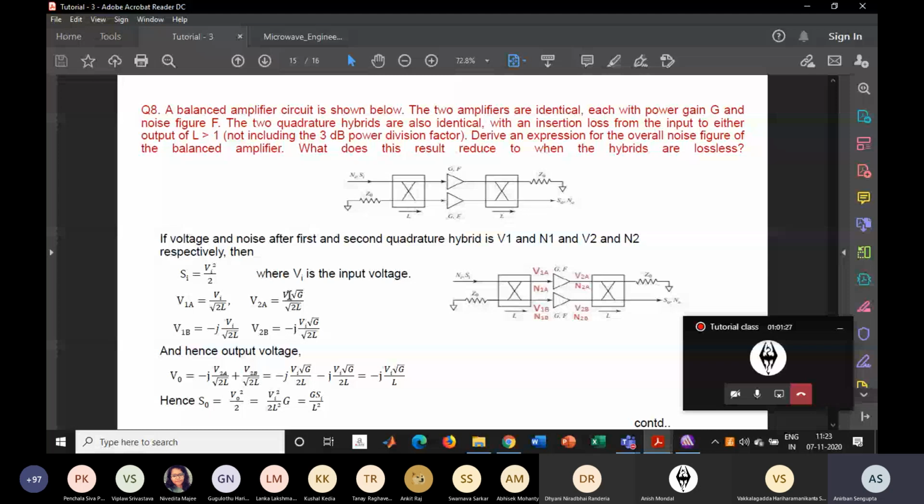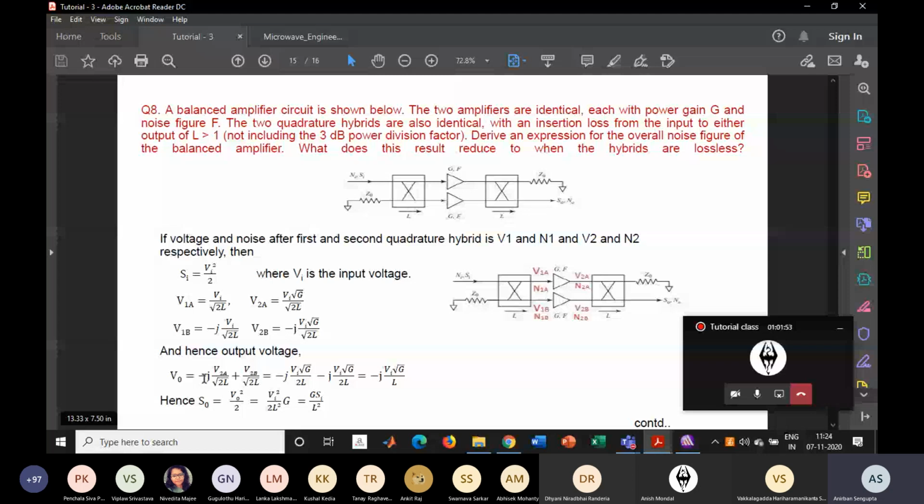if I consider these two equations, V naught is minus j V2A by root 2L, and for V2B there will be no phase lag ideally, V2B by root 2L.